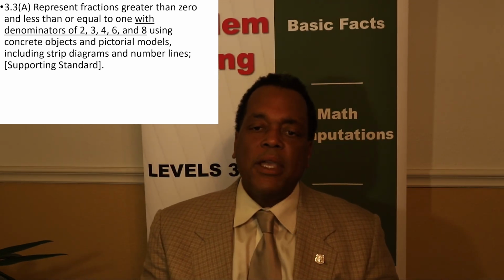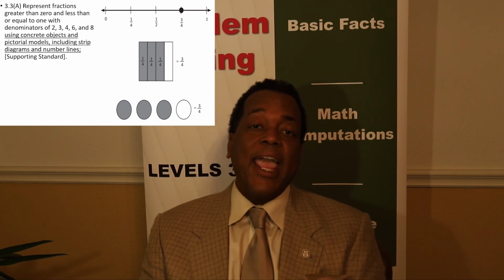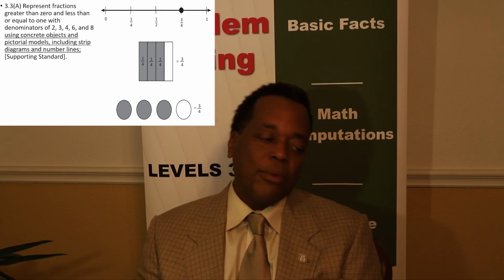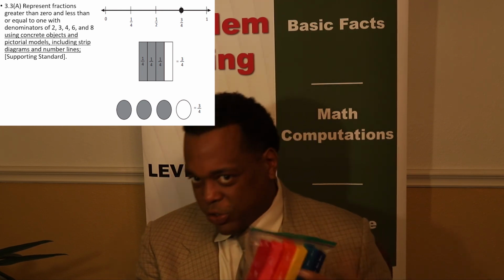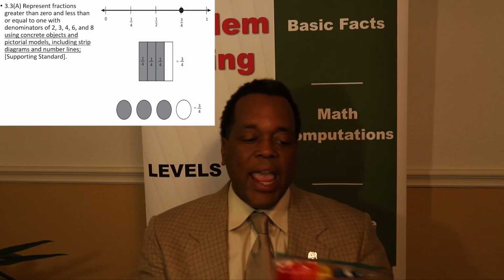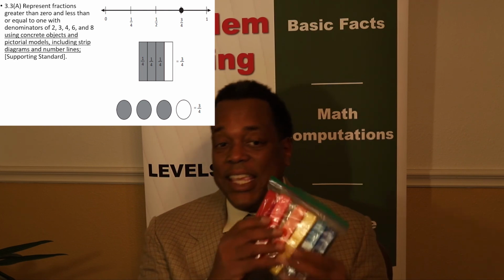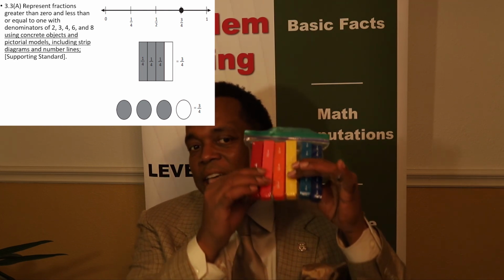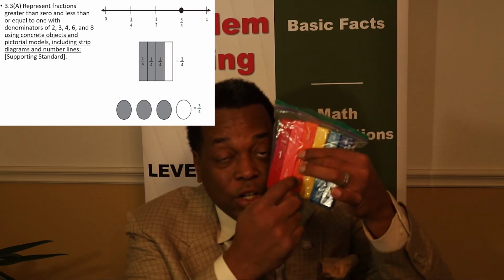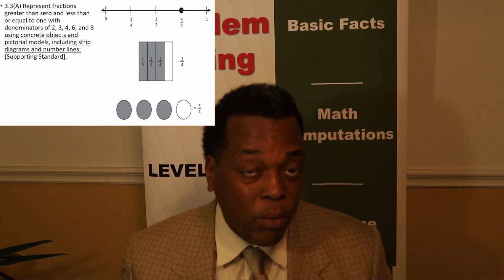Now let's move on to the next part, using concrete objects and pictorial models, including strip diagrams and number lines. We just worked with strip diagrams, and these are also called fraction cubes as well. These fraction strips are also concrete objects, because it says using concrete objects, or, as you're looking at the slide, pictorial models.